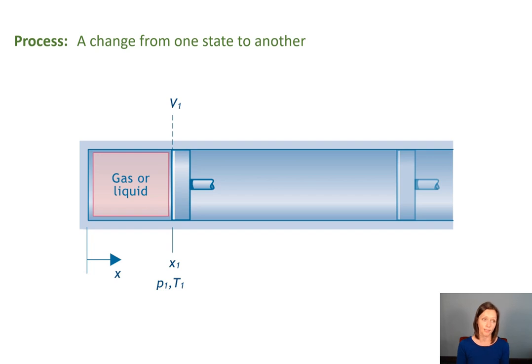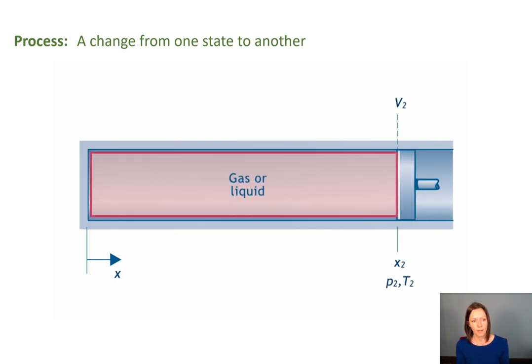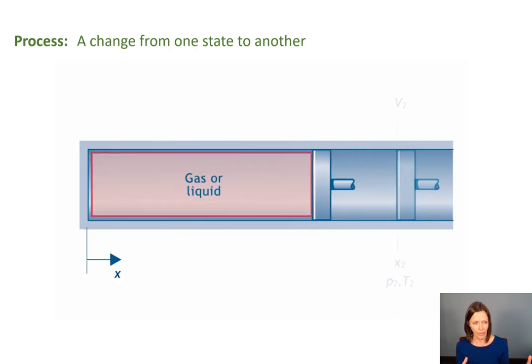All right. Now let's talk about a process. A process is a change from one state to another. So it's the path that you take, or it's the way you get from one state to the other. Okay, so we're going to be looking at expansion and compression within a piston cylinder.